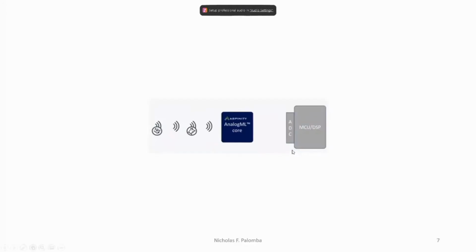And finally, we have the third offered solution, which involves using analog machine learning to detect specific discrete events from analog sensor data, and then only waking the digital system when a specific event has been detected. So chips of this type minimize both the always-on power of the system and the amount of time the system remains on.